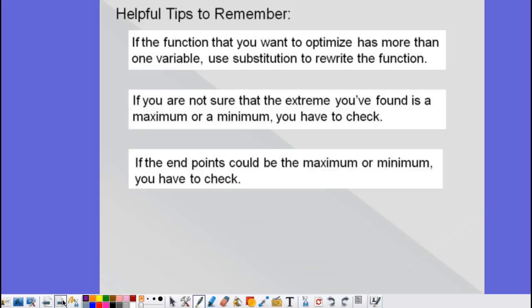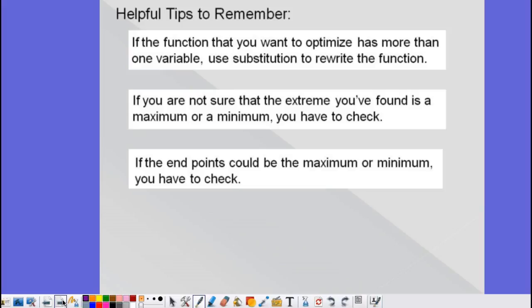Remember, if the function that you want to optimize has more than one variable, use substitution to rewrite that function. If you're not sure that the extrema you found is a max or a min, check it. If the endpoints could be maximum or minimums, check that. So most of the problems we've looked at so far have been open-ended.